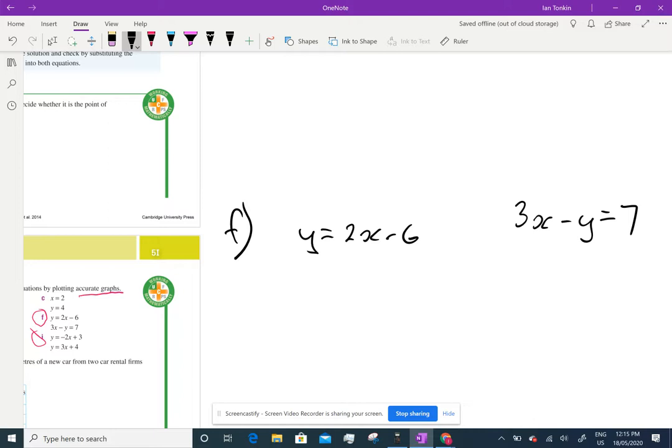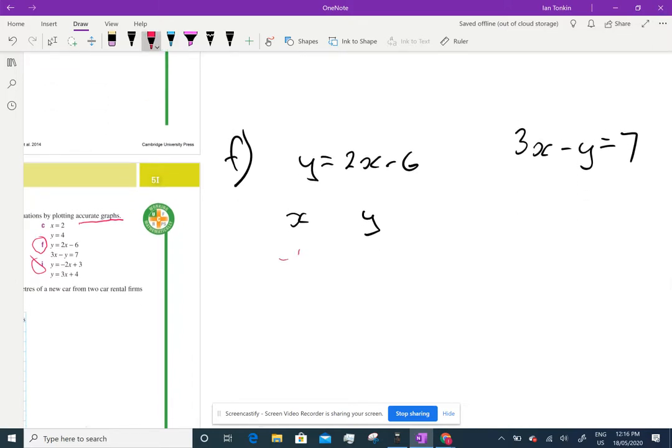Now, if I'm going to draw these graphs, I have to plot points. So the first thing I'm going to do here is create a little table. I know that they do it the other way around in the book, but I'm going to do mine vertically. I pick 3 values for x, and I usually pick a negative, 0, always pick 0 and 1.